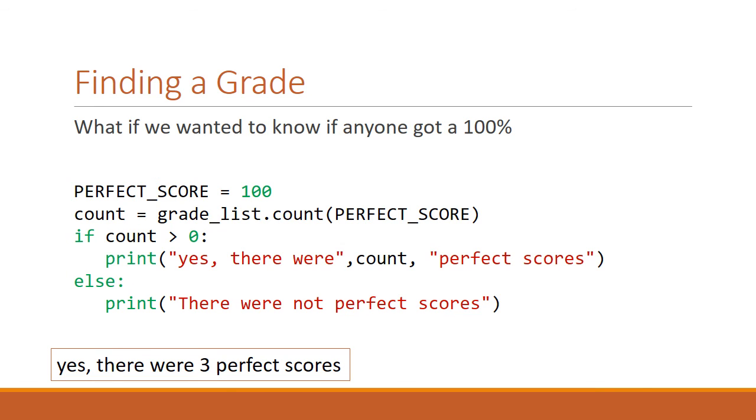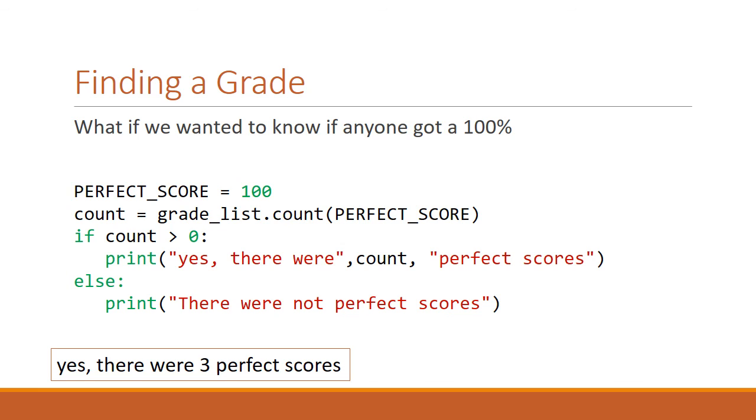One other note before we leave our grade example. What if we want to know if anyone got 100% or their grade is 100%? So we can say that a perfect score is equal to 100. And then we can count the number of occurrences of 100 in our grade list by using the list count method and specifying perfect score is the value that we're wanting to count.